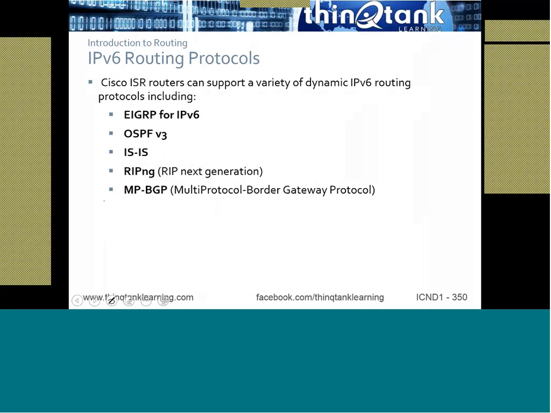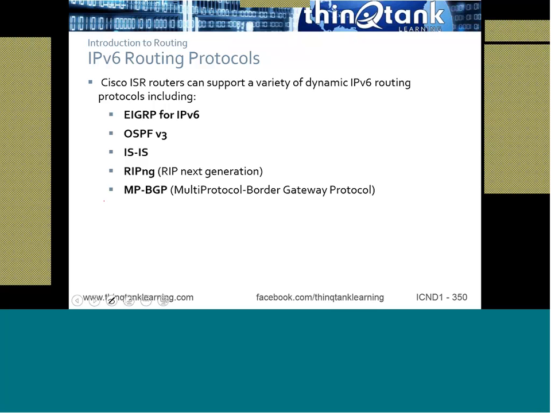In IPv6, we have similar protocols as well, all the same protocols: EIGRP for IPv6, OSPF version 3, IS-IS again, and RIPng, RIP next generation, which is just as bad as the first generation. Okay? Believe it or not, RIP next generation uses the same metric, the same deterministic timers, the same limitations.